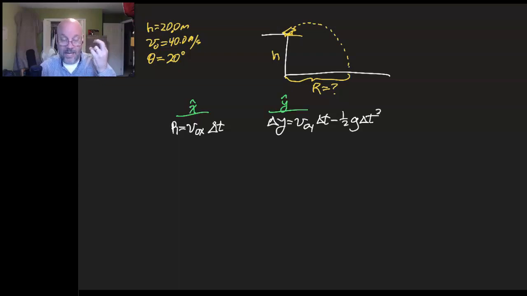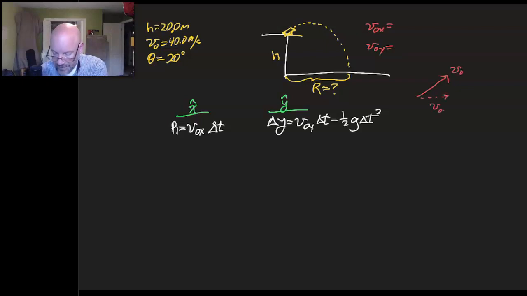Alrighty, now a good thing to do when you know your launch velocity and when you know your angle is to go ahead and figure out what is the value of V naught X and what's the value of V naught Y. So when we launch this thing, it's coming off here at some angle. There's V naught, and we're going to have some components.